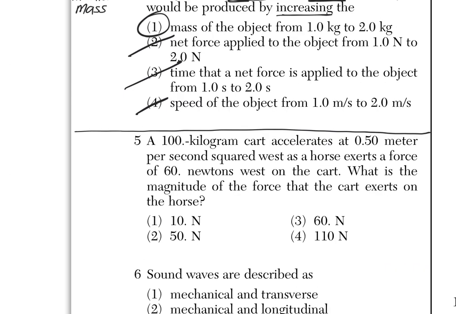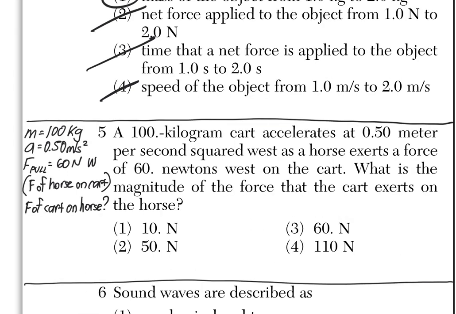All right, number 5, we have a number of givens. I don't know that we'll need all the givens, but I'll write the givens anyway. So we're told that we have a 100 kilogram cart and it's accelerating at 0.5 meters per second squared west. Sorry, I forgot to write that. West. And then a horse puts a force of 60 newtons west, in the same direction as the acceleration, on the cart. What is the force that the cart exerts back on the horse?